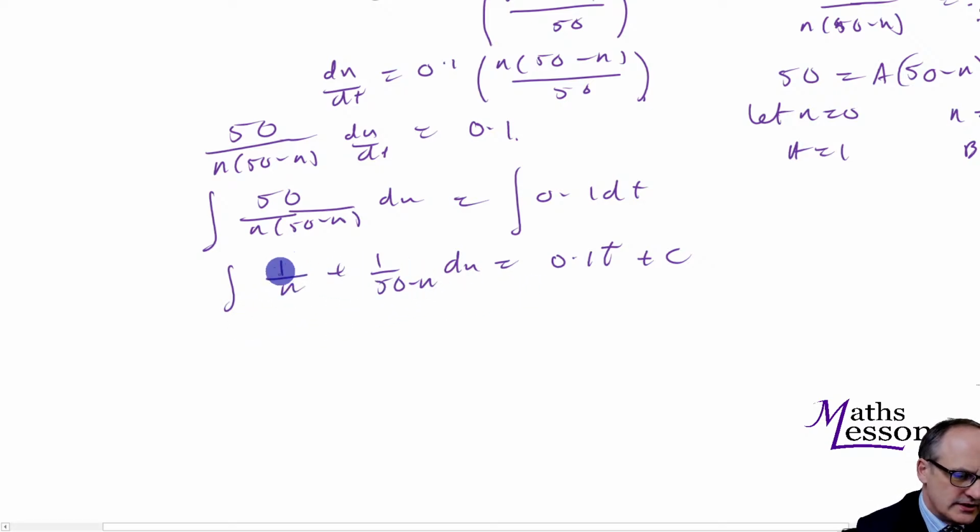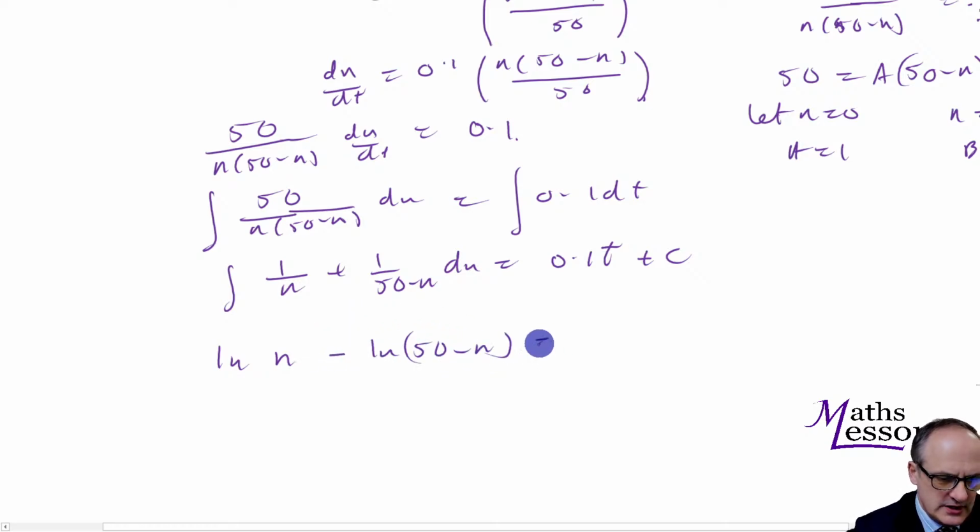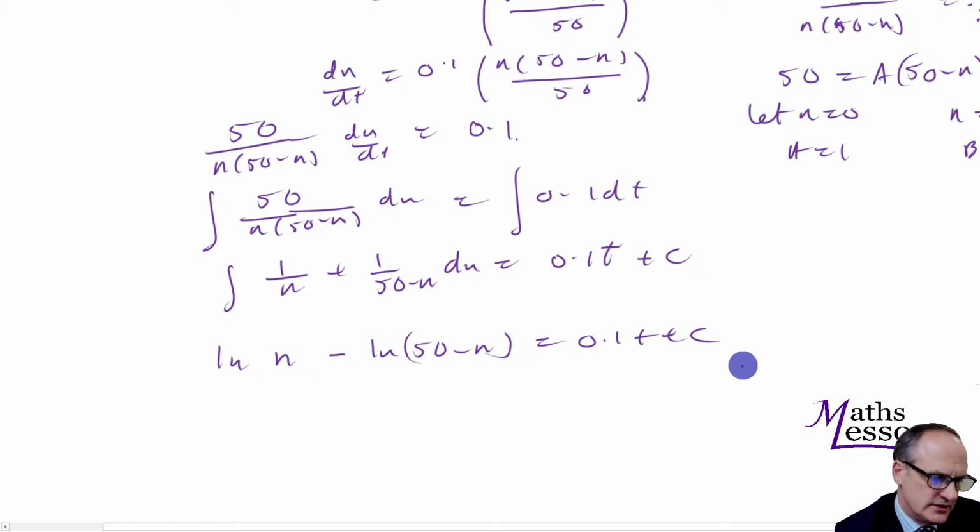Now, integrate this, we get natural log of n. Integrate this, we get minus the natural log of 50 minus n. This minus, when we differentiate this, will come out. We don't need 2 plus c's, we only need 1. Because if we had a plus c on this side and we have a plus c, so we call this plus k and plus c, we could take them away from each other and get another constant. So what's the point in having 2 constants?